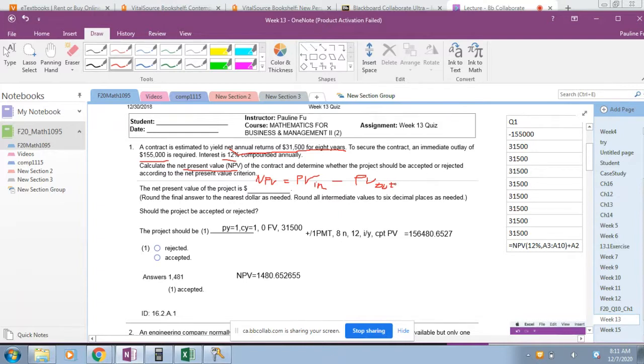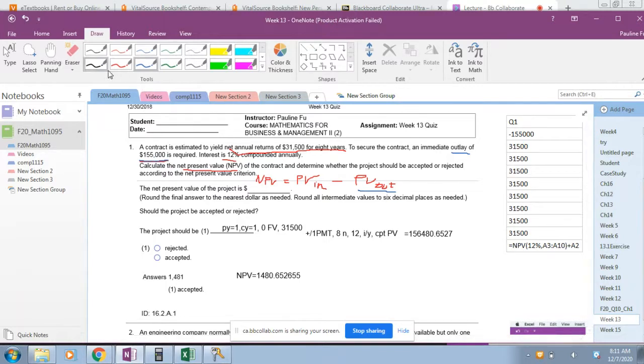And in this example, what is the present value of cash outflow? Present value of cash outflow is the outlay of 155,000. So that number we know.